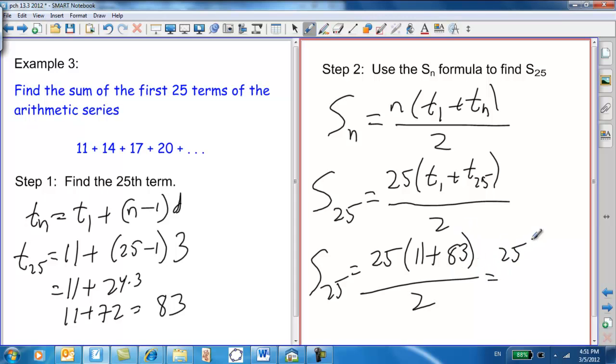So we get 25 times 94 over 2. So that's 25 times 94 divided by 2, which is 47. And when you multiply that in your calculator, 25 times 47, I'm coming up with 1175.